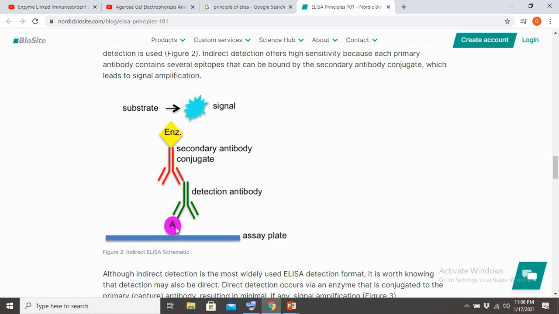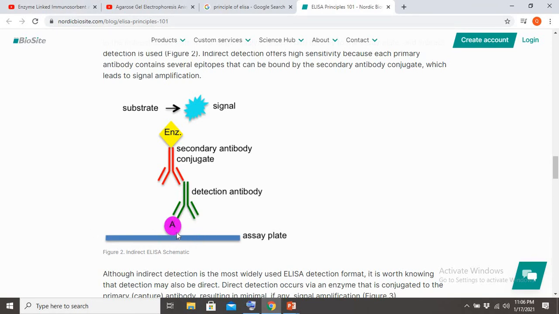What is the assay plate? An assay plate is an accessory of equipment that is used in the experiment, and in the video we will see what this plate is.